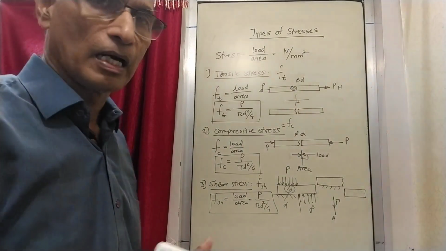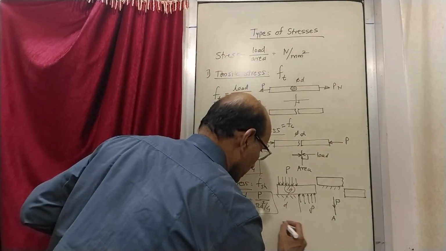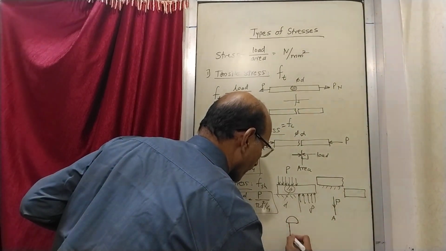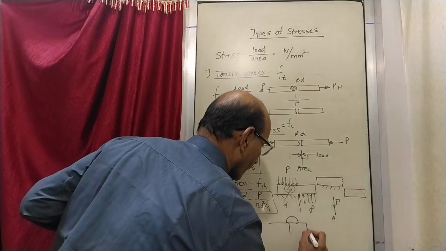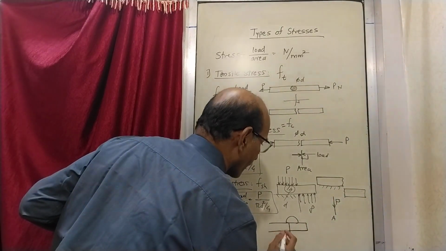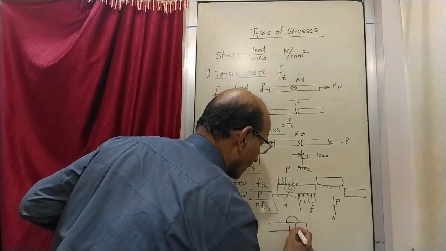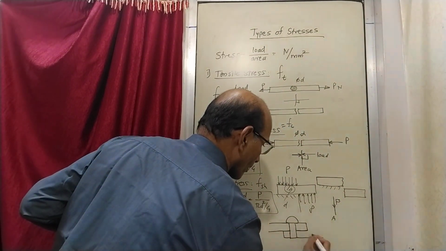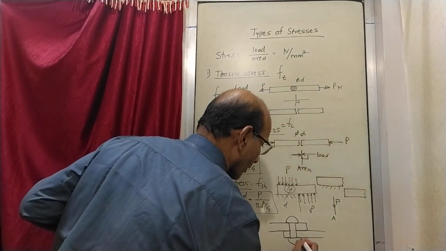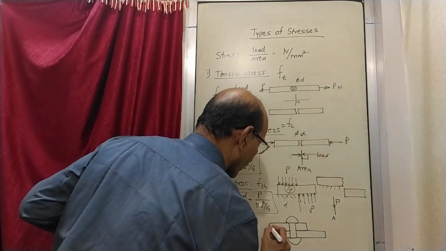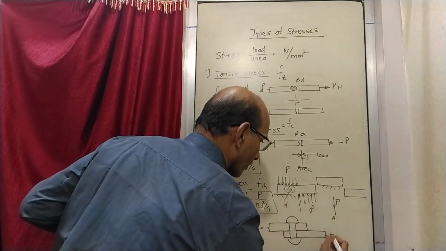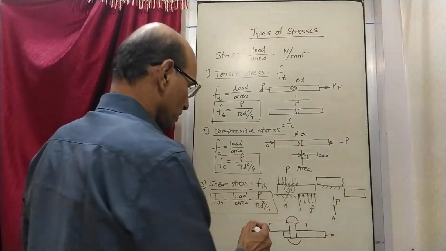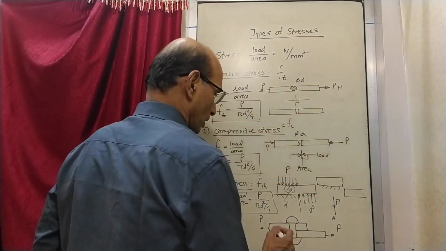Now you must have seen rivets. I'll just draw a sketch of a rivet. So let's say this is a rivet. So I am applying a load P, and there are two plates.